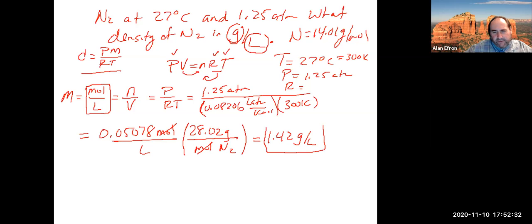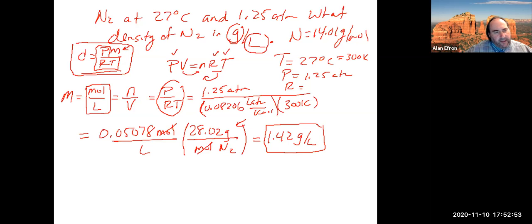So what I just showed you is a way you could do this problem with the ideal gas law. Really, when you use this formula, that is pretty much the ideal gas law, because if you dissect this part of it, that is P over RT, which is exactly what we just did. And then we multiplied it by the molar mass, which is what we just did here.